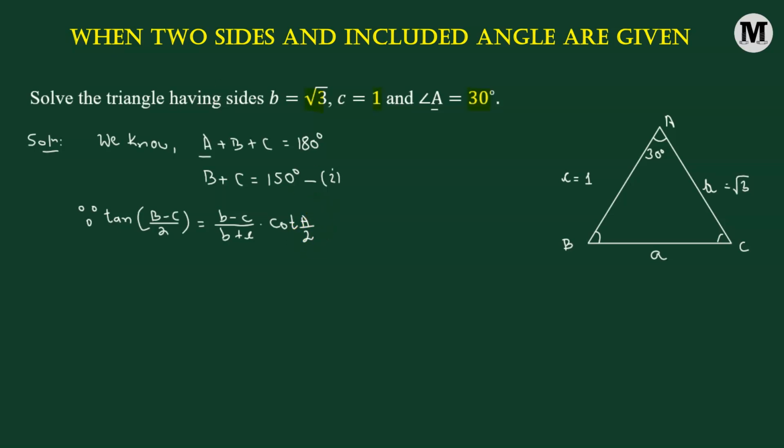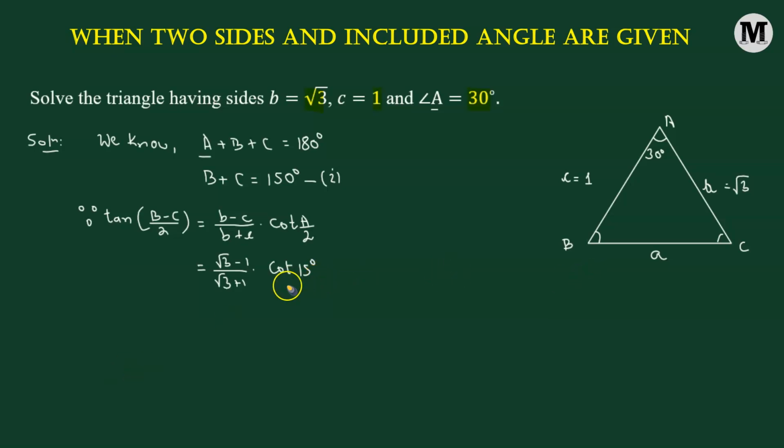So let's use the values. Side b is square root of 3, minus 1, divided by square root of 3 plus 1, multiplied by cotangent of A over 2. A is 30 degrees, so divided by 2, that makes it cotangent of 15 degrees.